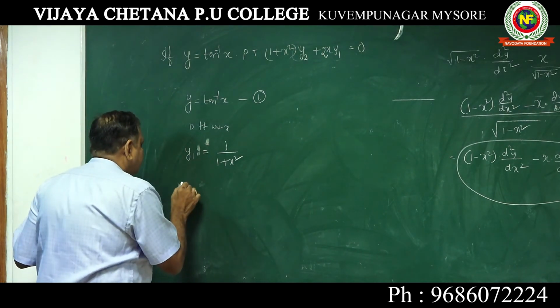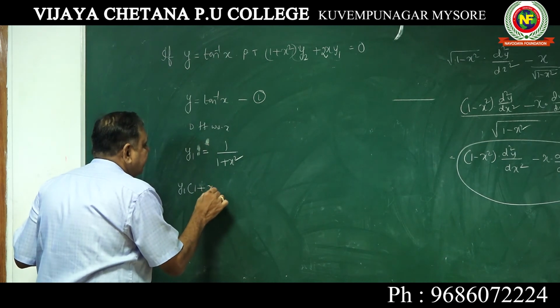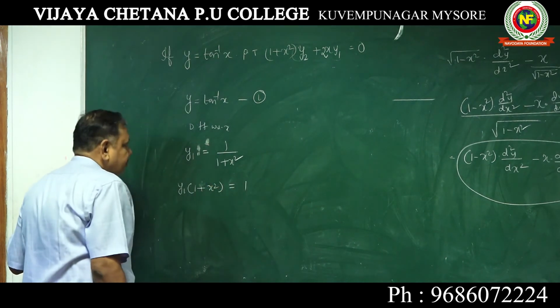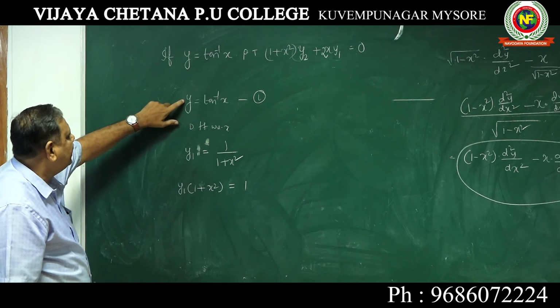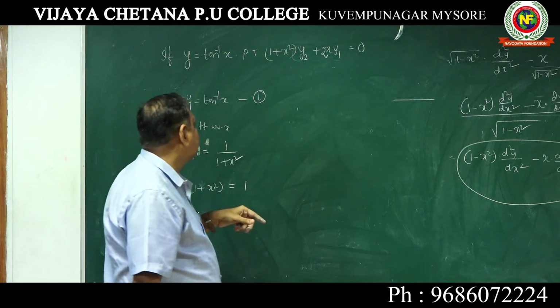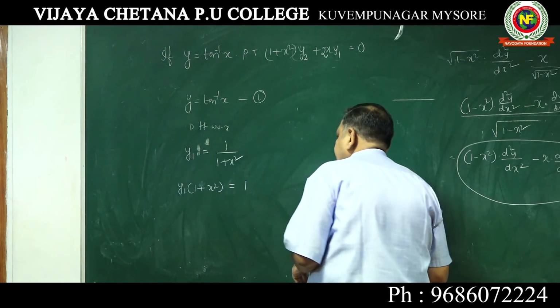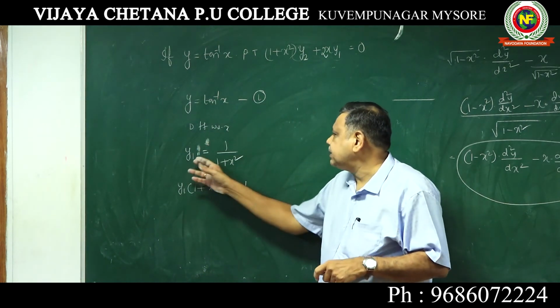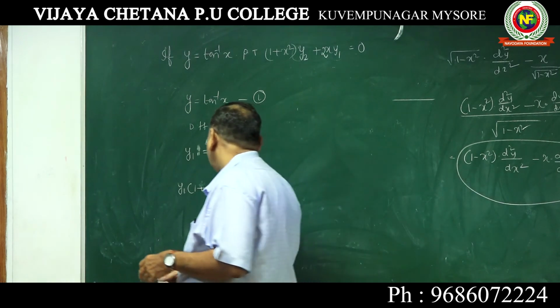Cross multiply: y1 into 1 plus x square is equal to 1.